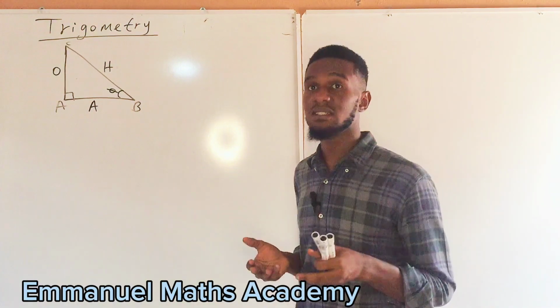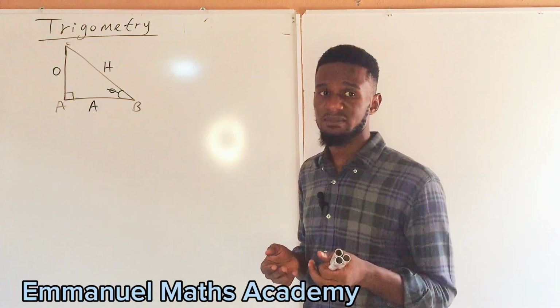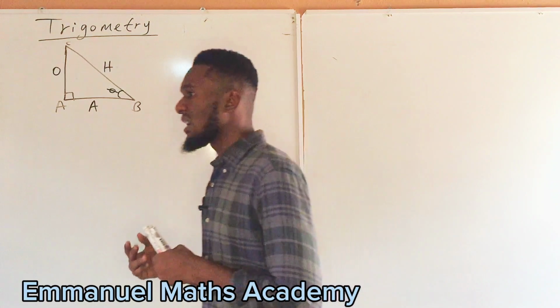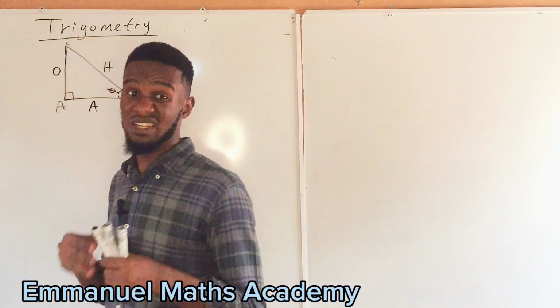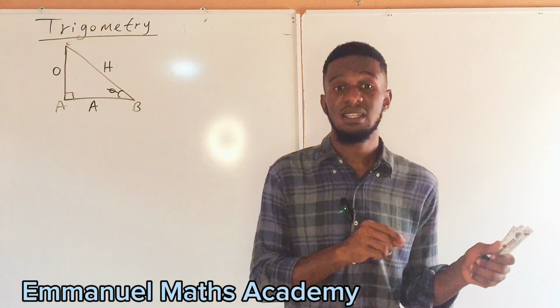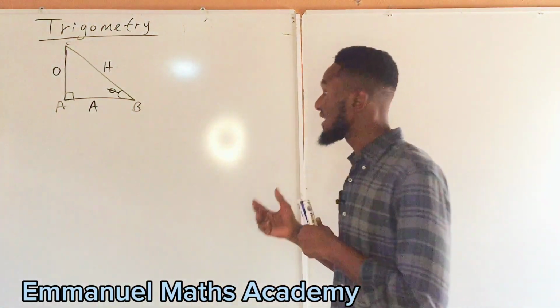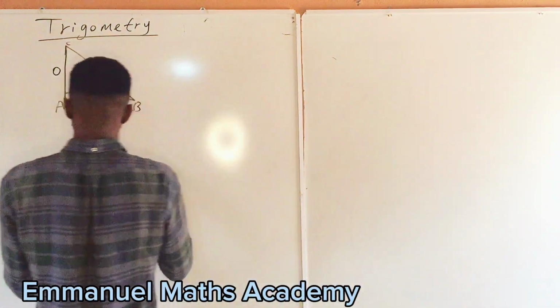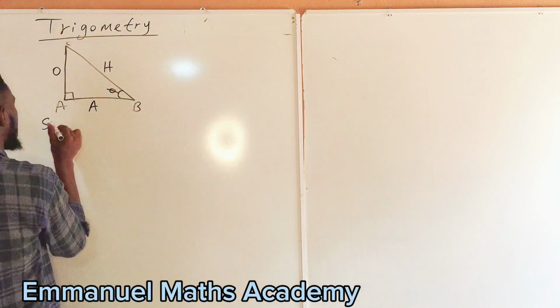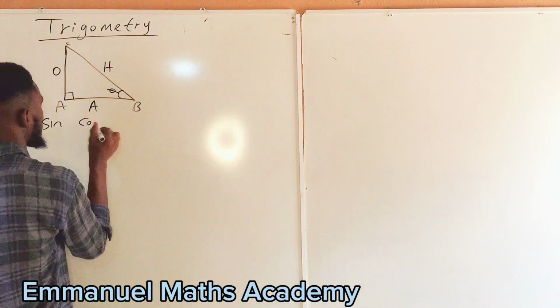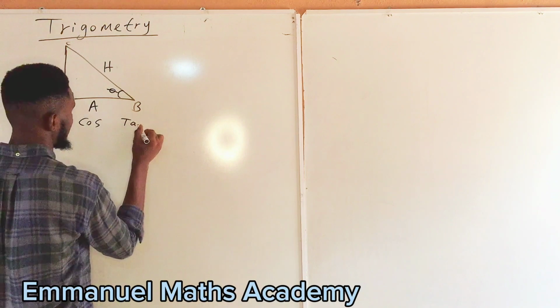Which are the sine, cos, and tan, right? The cos is actually cosine, and the tan is actually tangent, right? But it's written in short form as sine, cos, and tan.